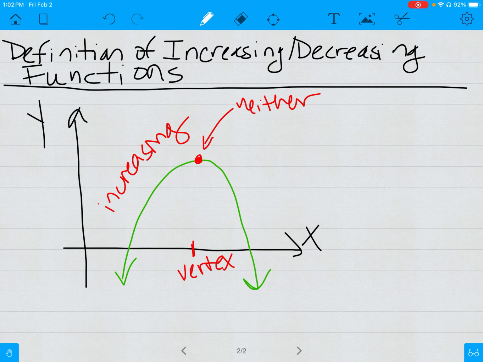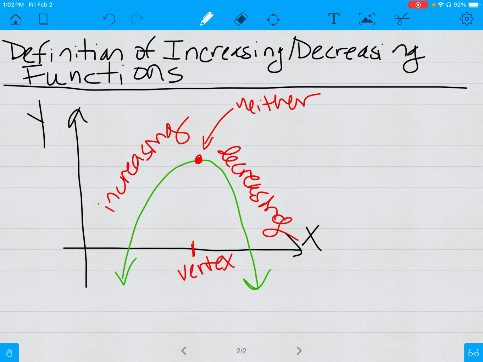This is the decreasing side of the graph. Okay, so that's one way to think of it. Just as I move from left to right along the x-axis and follow the graph, are my y values going up or are they going down? If they're going up, that part of the function is increasing. If they're going down, that part of the function is decreasing.